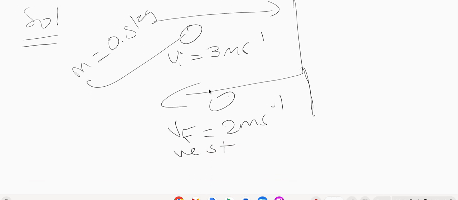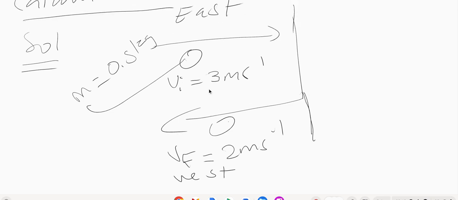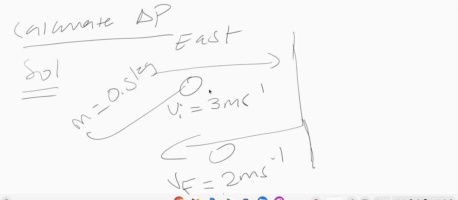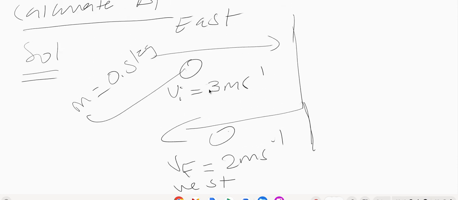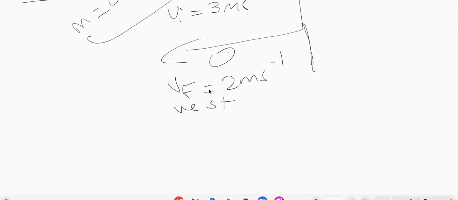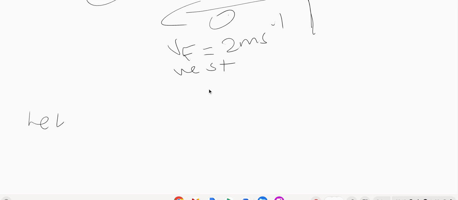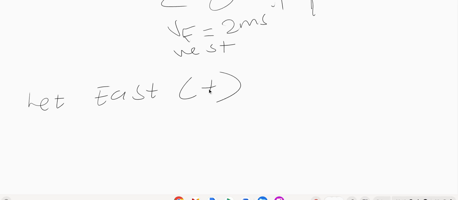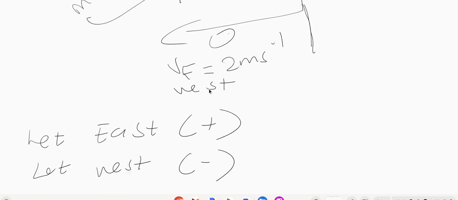So remember, the ball here has changed direction. So first we have to choose a direction. Since we are dealing with vectors, which are the velocities, we have to choose a direction. Let east be positive, and then let west be negative.